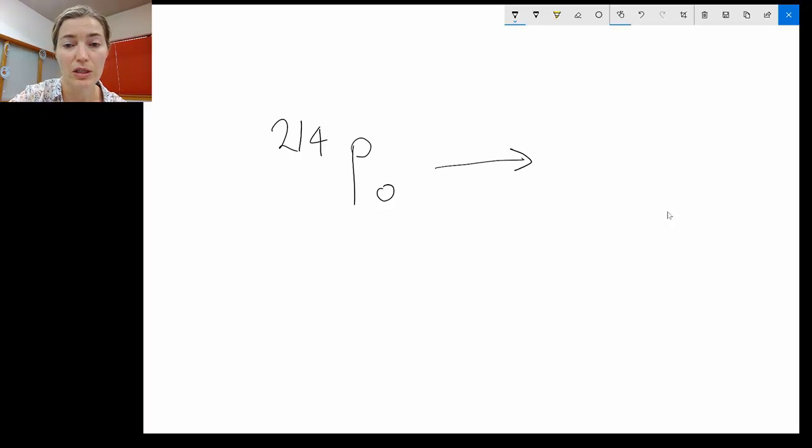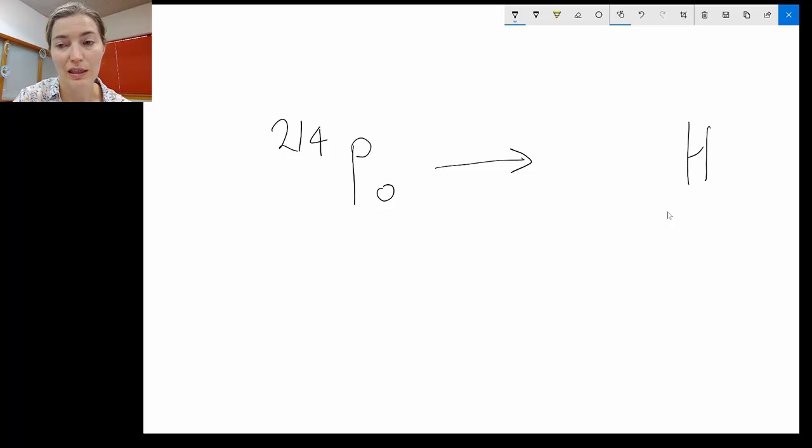So the first thing that we do is we write polonium, or the mother, the original situation, on the left-hand side, and then we write the daughters, or the result of the decay, on the right-hand side. So all we know so far is that we have polonium-214 and that it's going to emit an alpha particle. So we can write it like this.